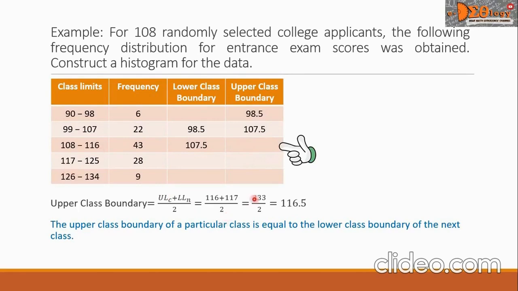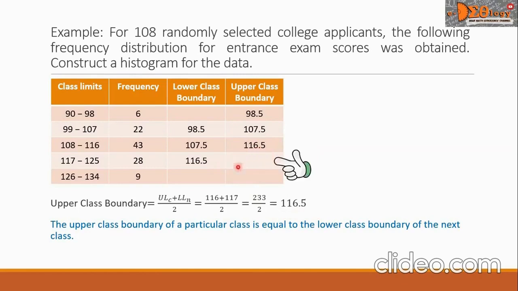This is equal to 233 over 2, which is equal now to 116.5. And this value we will copy here. And this 116.5 will be the same as the lower class boundary of the next class.